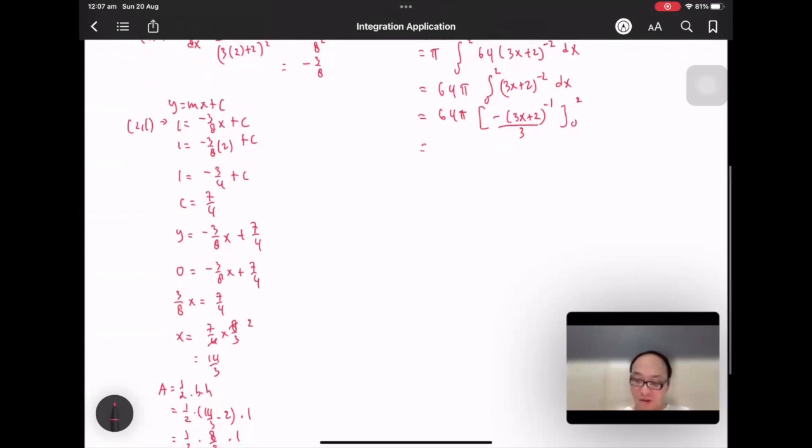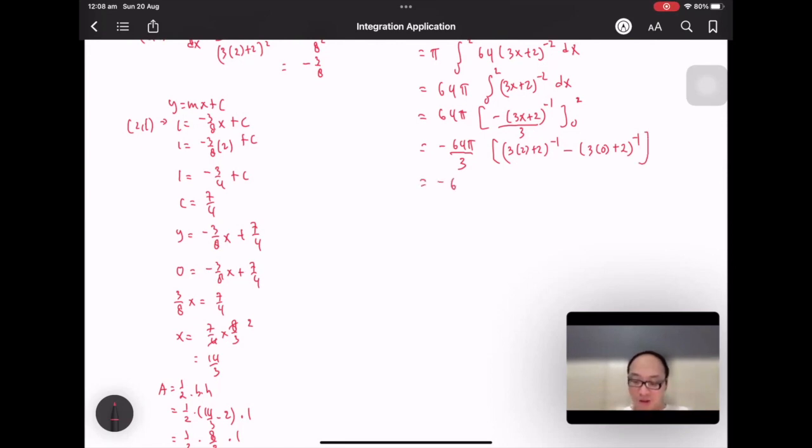So the negative 1 over 3, I move out again. And so negative 64 pi over 3. And this is equal to 3 times 2 plus 2 to the power of negative 1, minus 3 times 0 plus 2 to the power of negative 1.